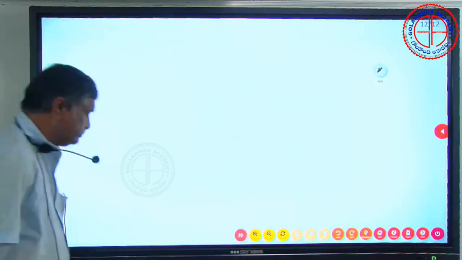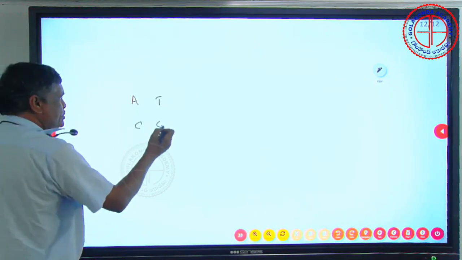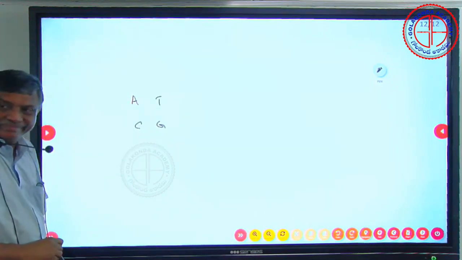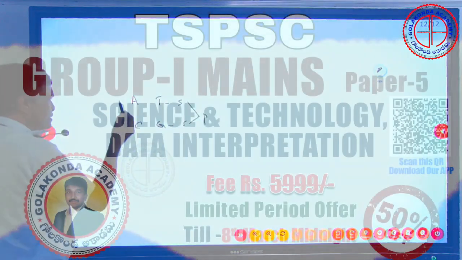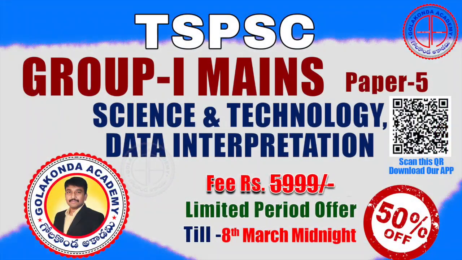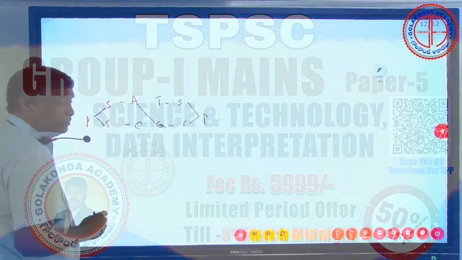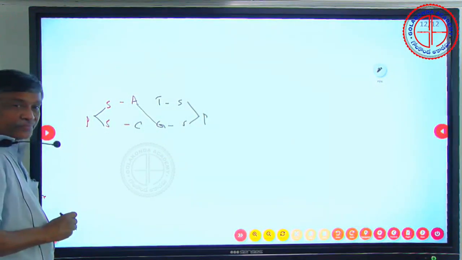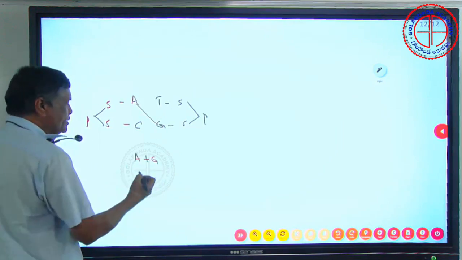You see here A, T, C, G, sugar, phosphate. What are these two? Purines, A plus G, purines.